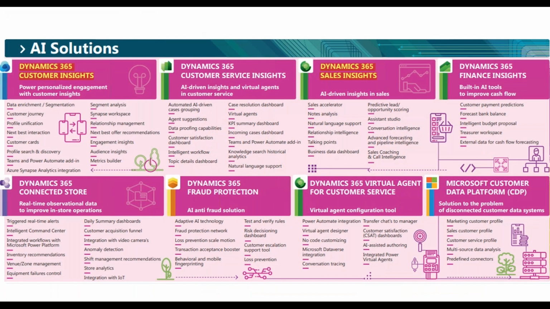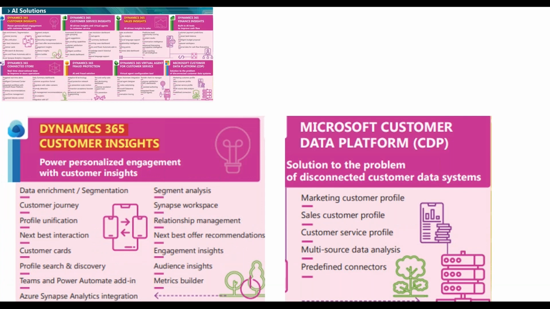Let's talk quickly about some of the AI solutions that are part of the platform. A lot of these solutions go on top of the components we've just talked about. So, customer insights. If you're thinking of an organization with multiple systems, you can have, for example, a supply chain management system, an ERP system.